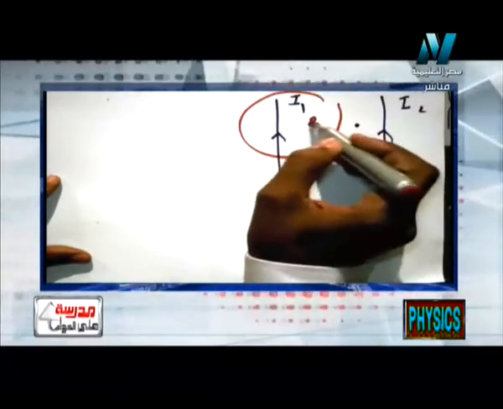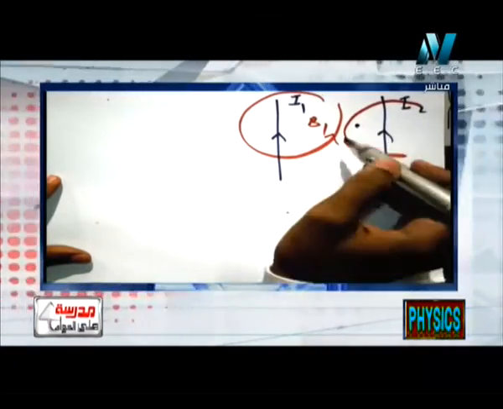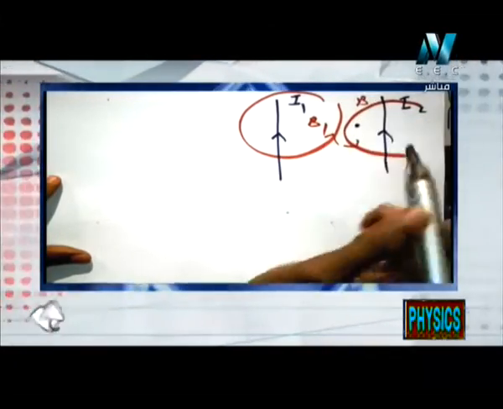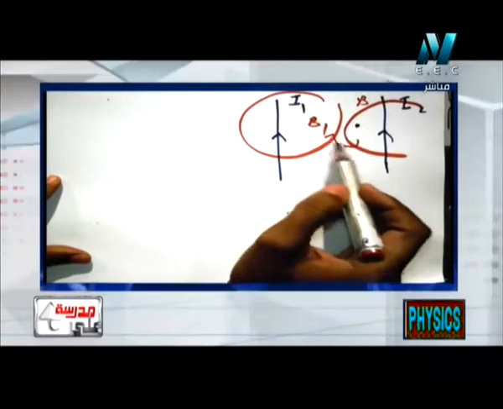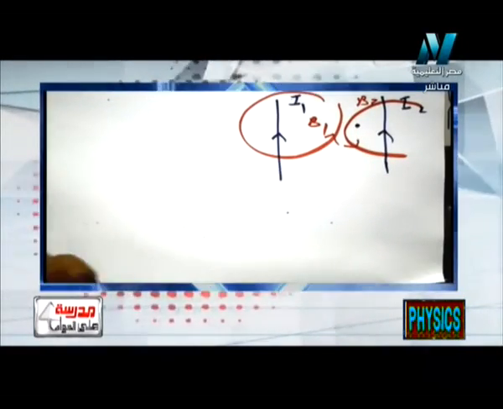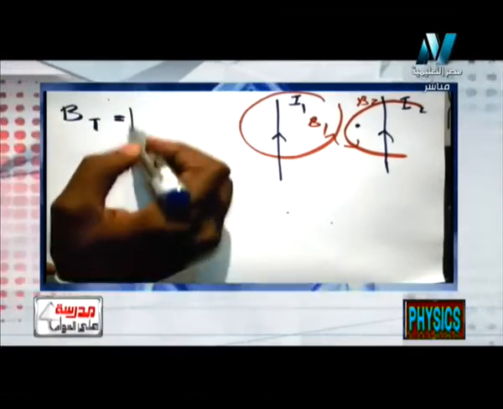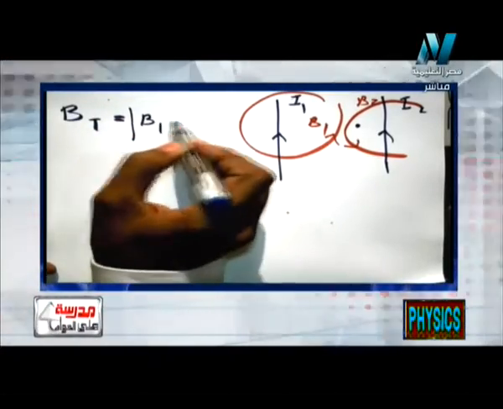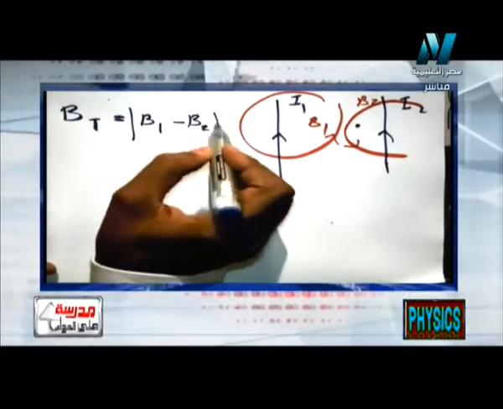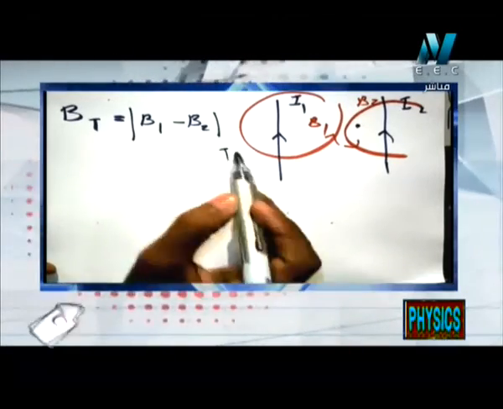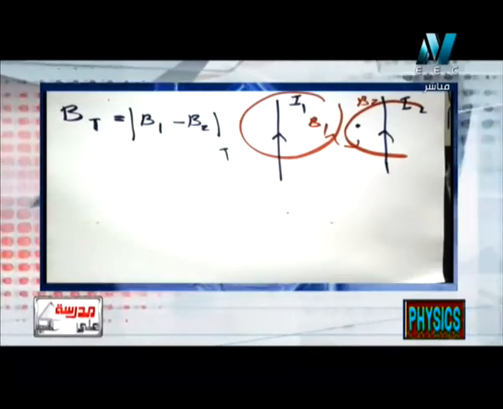This is the direction of beta 1, and for I2, this is the direction of beta 2. We can see that they are in opposite directions. So here, just write B total equals the absolute value of beta 1 minus beta 2. And we can find the answer of number A.